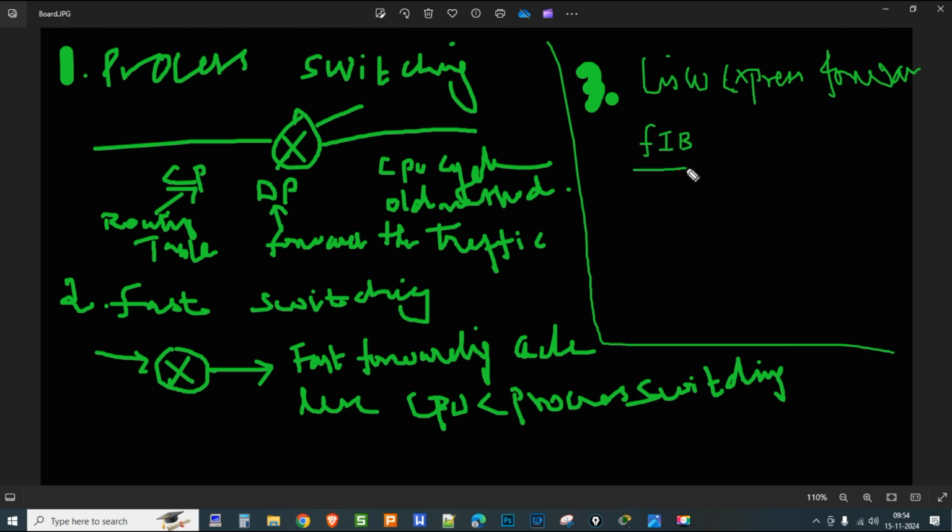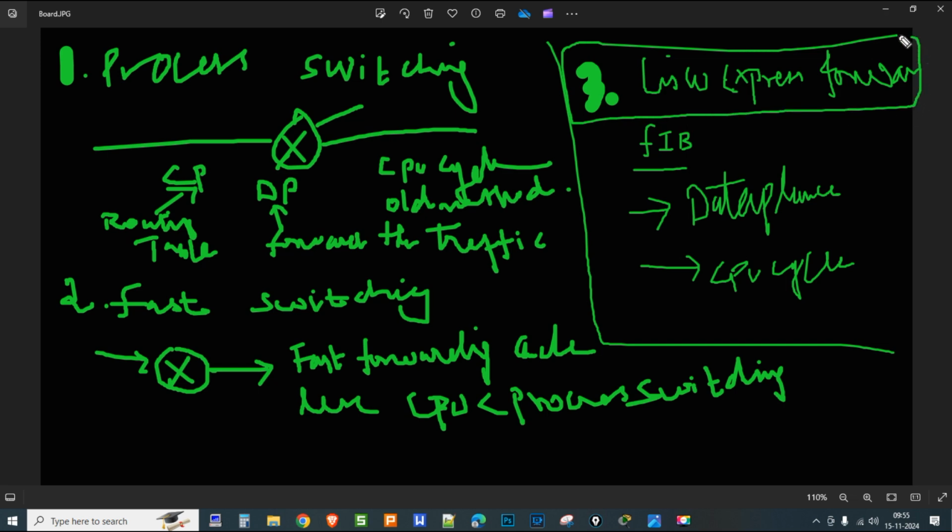So based on the destination, it can forward the data traffic. It uses only the data plane. Because the forwarding information base contains all the routing information, it does not use the CPU cycle. Now, recent technology is using the Cisco Express Forwarding mechanism. It contains the forwarding information base as well as the adjacency table.